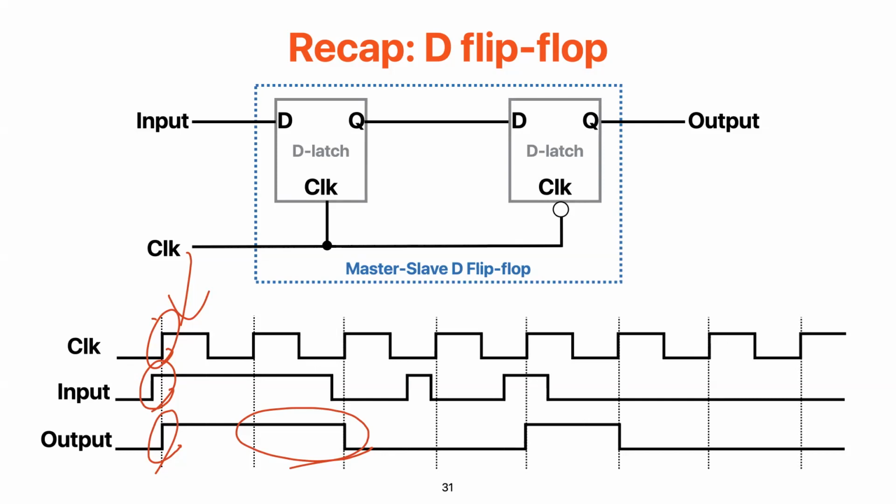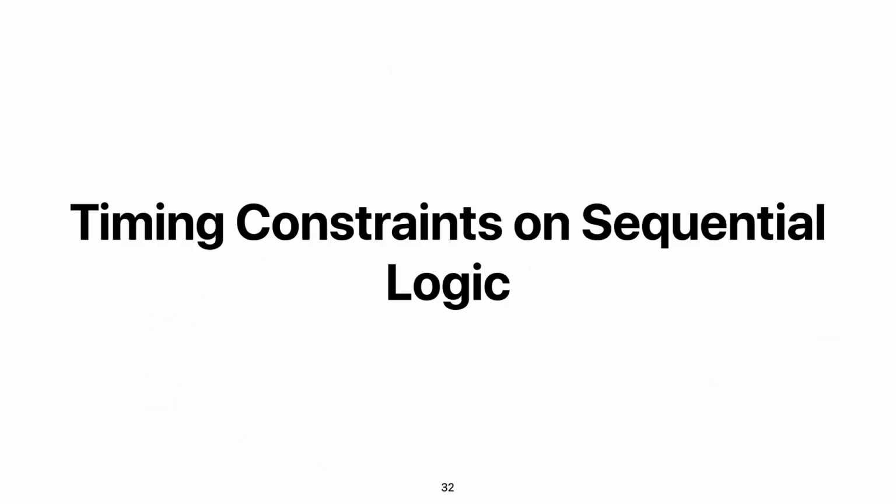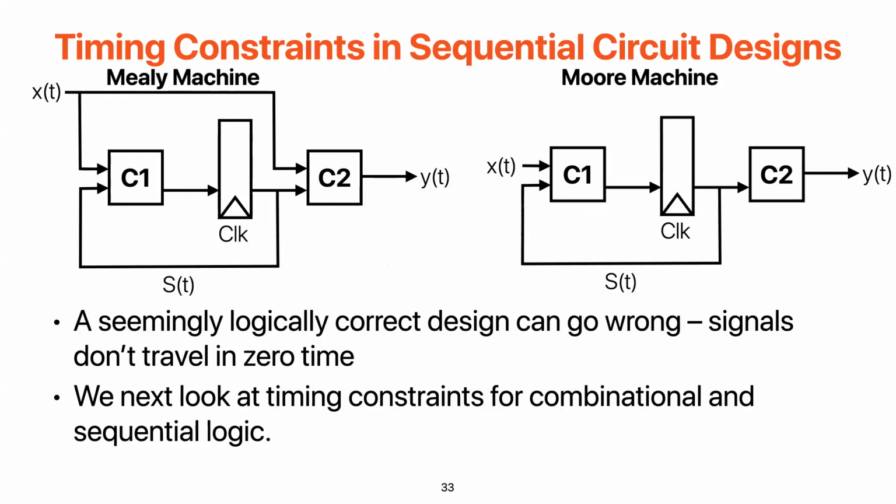So we really need to let you know there are some timing constraints that we need to follow in designing sequential logic. We have talked about the sequential circuit, which is basically these two designs.